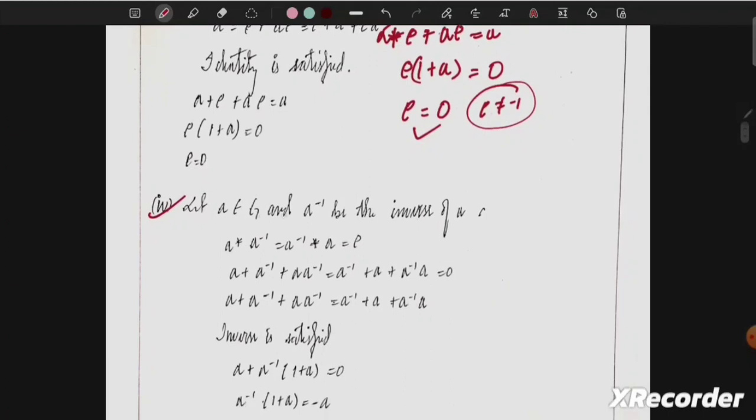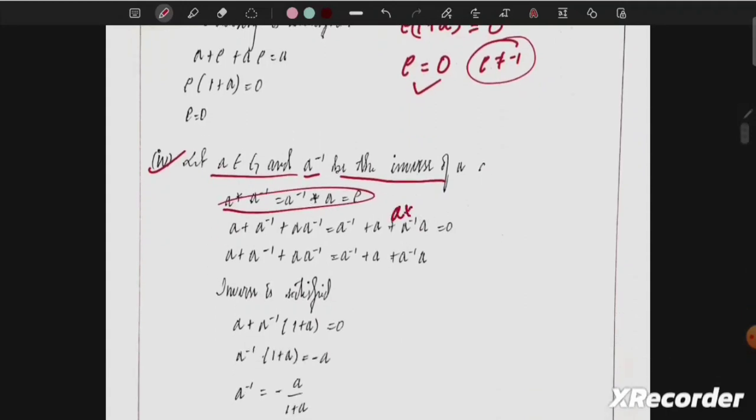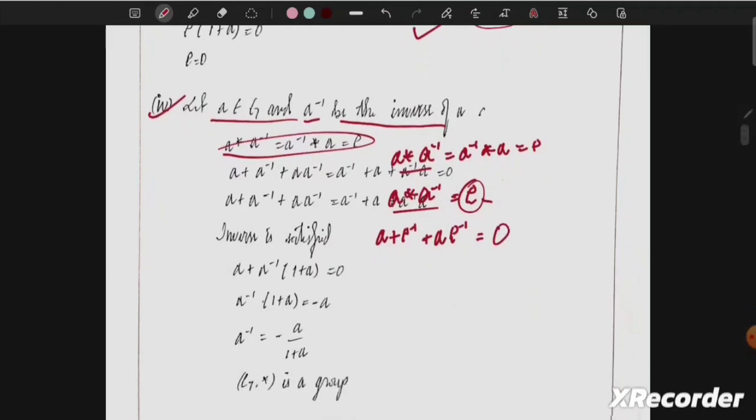Now next is the existence of inverse. Let A belong to G and A inverse be the inverse of A. The inverse condition is given by A star A inverse equal to A inverse star A equal to E. If we take this, A star A inverse equal to E, using the defined condition, you will get A plus A inverse plus A A inverse equal to, since the identity element we got above is 0, let's just substitute it as 0.